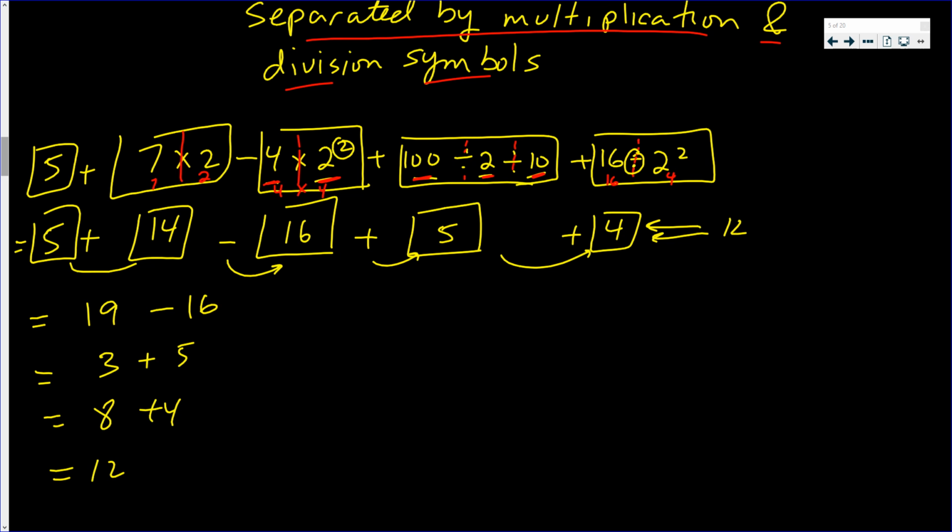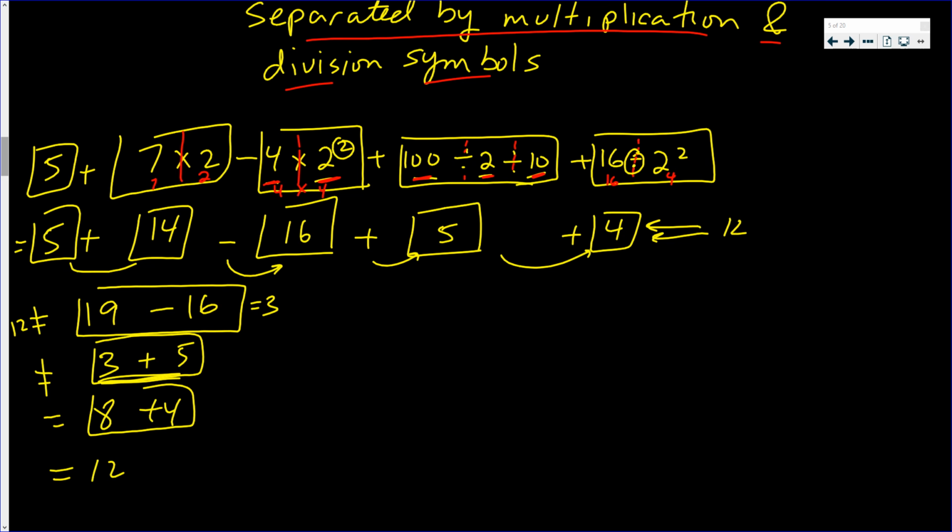Now, this line is 3, and the line above is 12. 12 doesn't equal 3. This line is 8. This line is 3. 3 doesn't equal 8. This is 8.